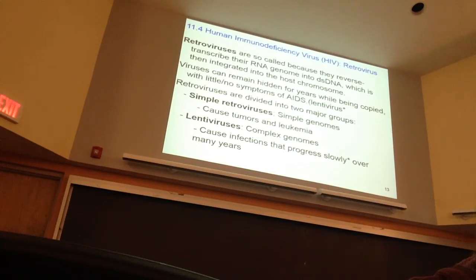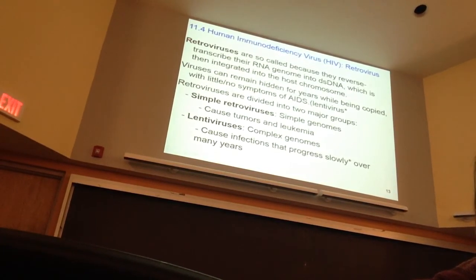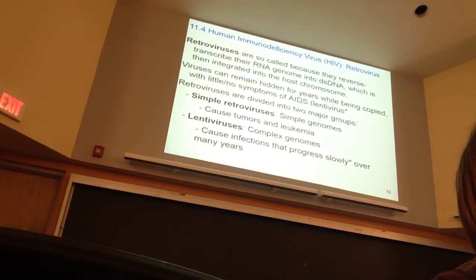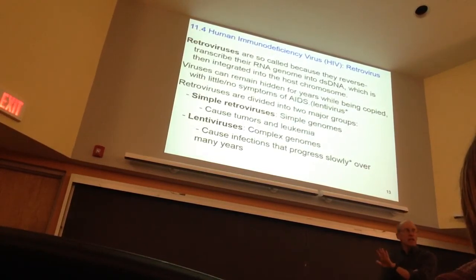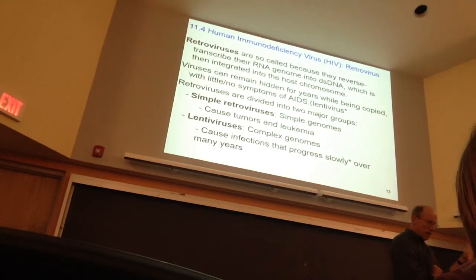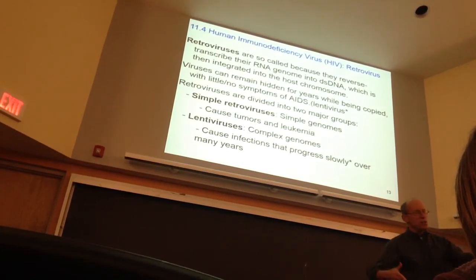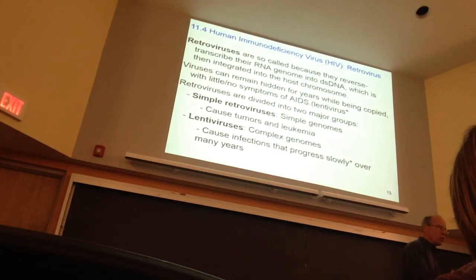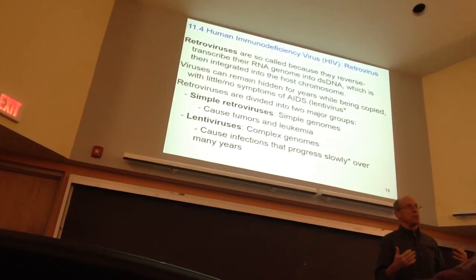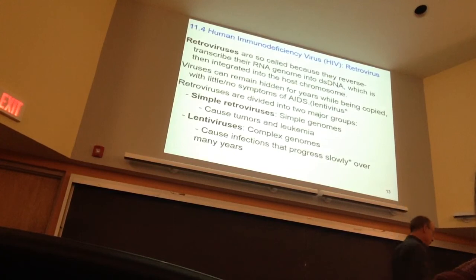So at the top, it has an RNA genome, and the first thing it does is make double-stranded DNA. And why? Because it gets integrated into the host chromosome. And there the virus can remain latent, hidden, without any symptoms, just that viral genome is copied. Anytime we copy our DNA, we're copying the viral DNA, kind of unbeknownst to us.